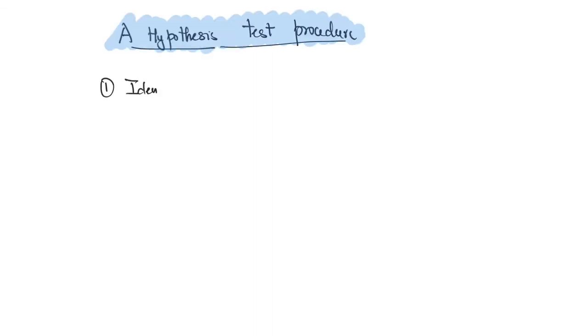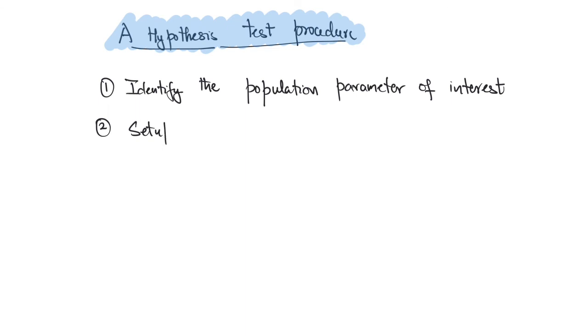So we briefly summarize a possible hypothesis test procedure. The first task would be to identify the population parameter of interest. We will then set up the hypothesis, that is, the null hypothesis and the alternative hypothesis.